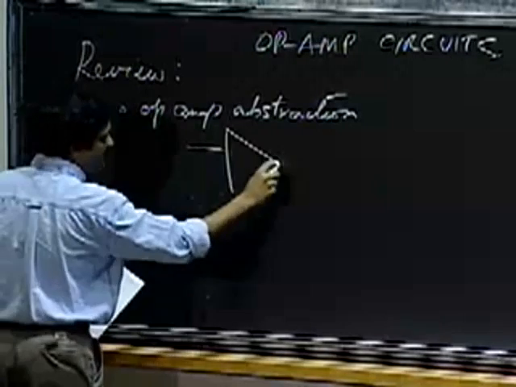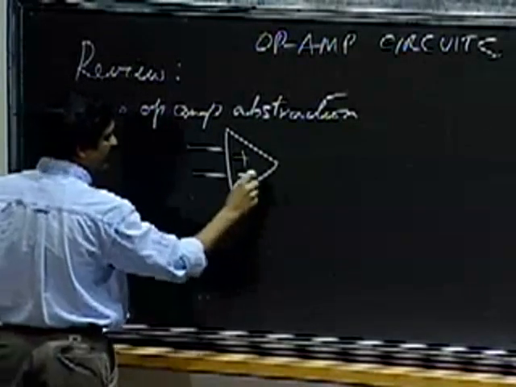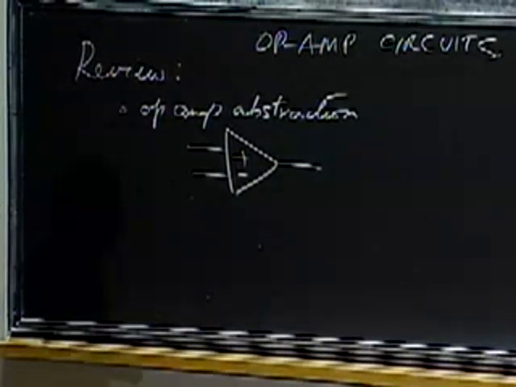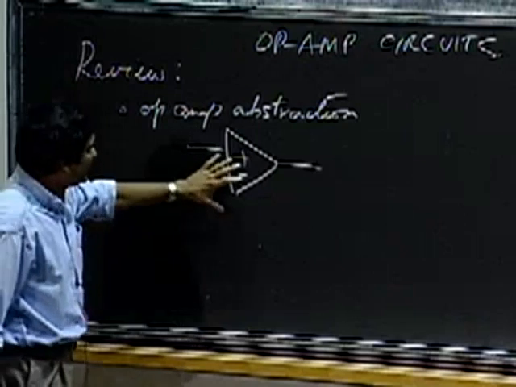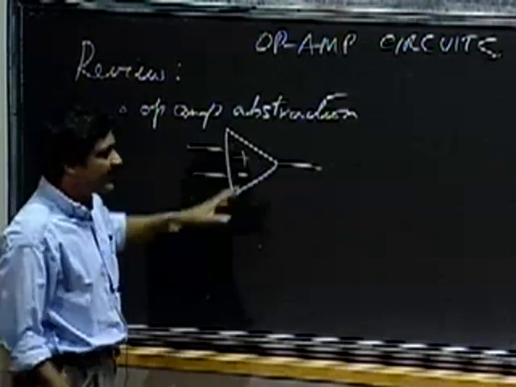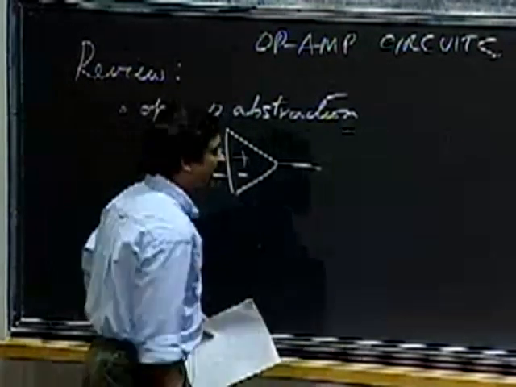we represented the op-amp as a device that looked like this, where the amplifier had an incredibly high gain.